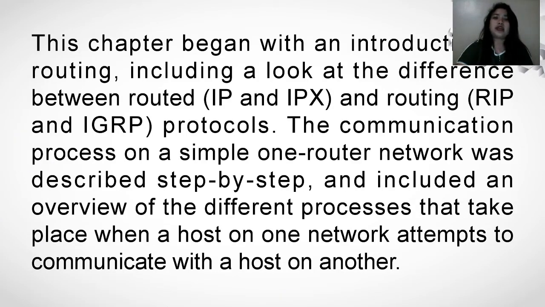This chapter began with an introduction to routing, including a look at the difference between routed IP and IPX and routing RIP and IGRP protocols. The communication process on a simple one-router network was described step by step and included an overview of the different processes that take place when a host on one network attempts to communicate with a host on another.